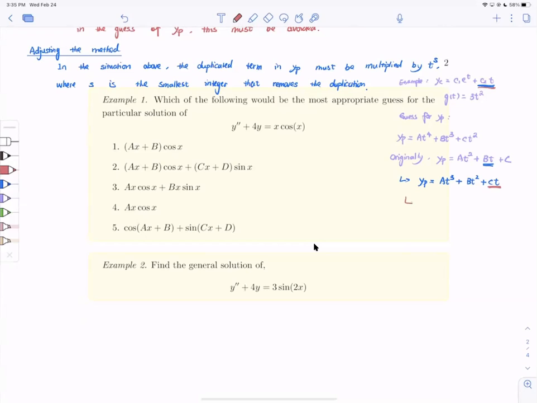So eventually you should get this. Does that make sense? Okay, so be careful. I know you all know this, but you still might make mistakes. It's really easy to make mistakes.